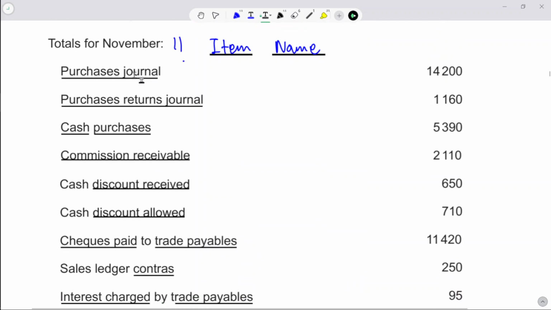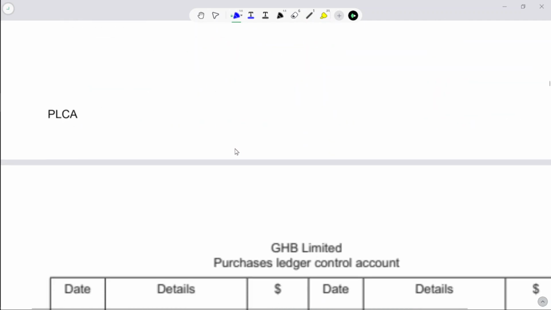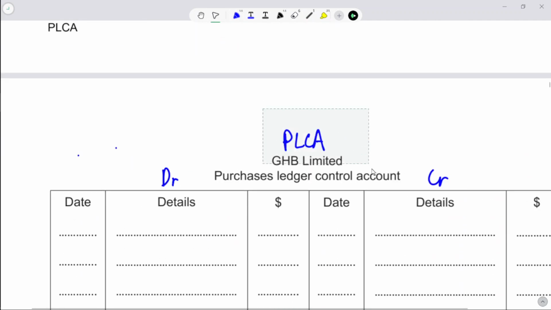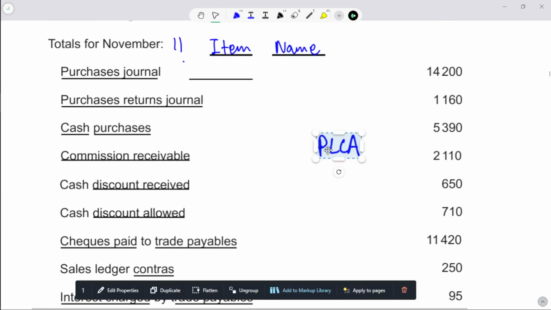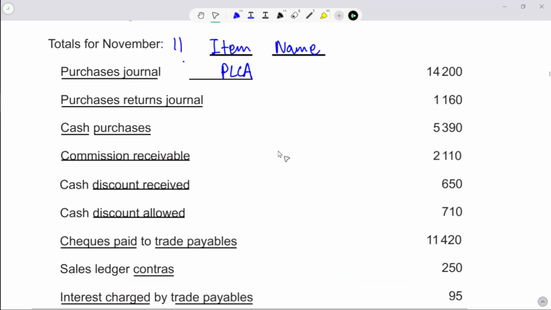Okay, as you can see here, one line only, right? So what is the missing line? What you are doing here is PLCA. So the missing line will be PLCA. Okay?